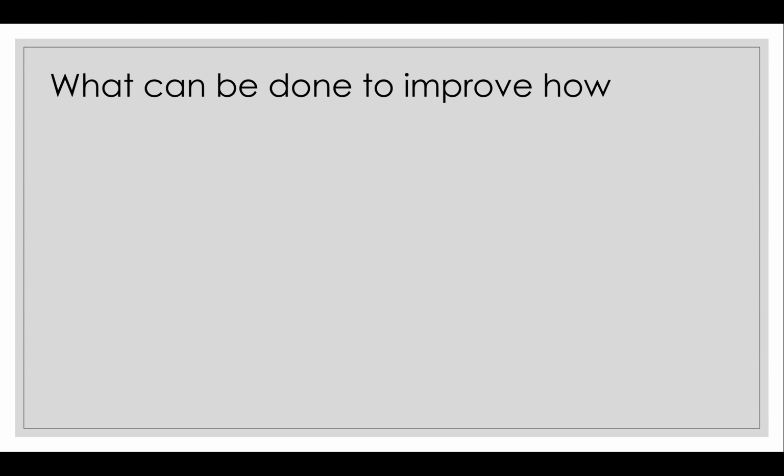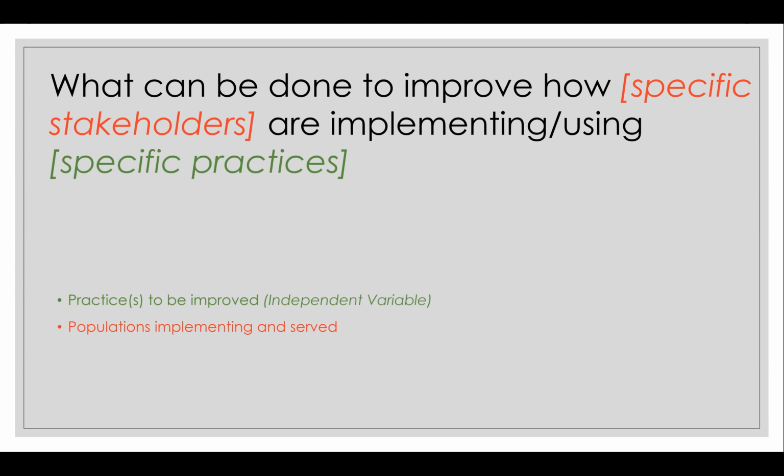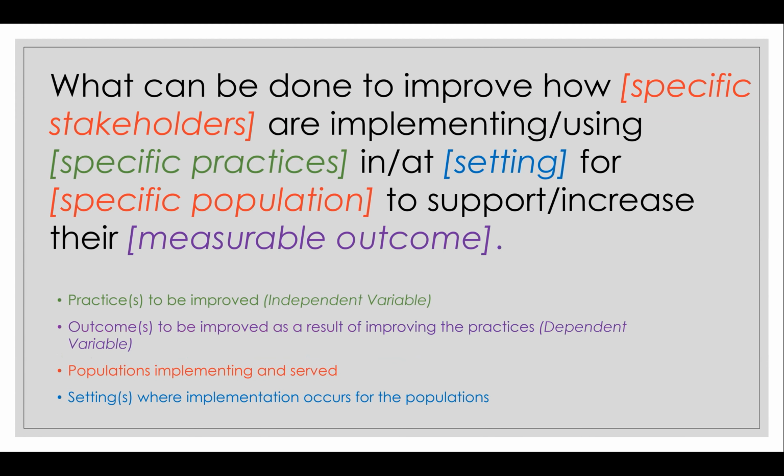So thinking about our interrogatives, we're setting our sentence up to improve how specific stakeholders, so our populations implementing and served, are implementing what practices, and in what setting for what specific population. So you can see that red there is those implementing and served, our green is the specific practices, and then our blue is the setting. And then our final part is to support what measurable outcome.